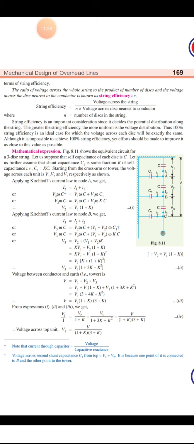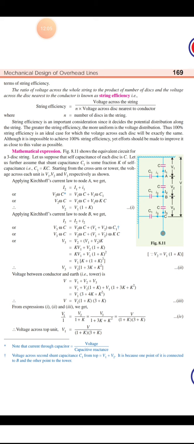So now we should discuss string efficiency. Before that, we know the voltage applied across the string of suspension type insulator is not uniformly distributed across the various units of disc. So the disc nearest to the conductor is of higher potential than the other discs.